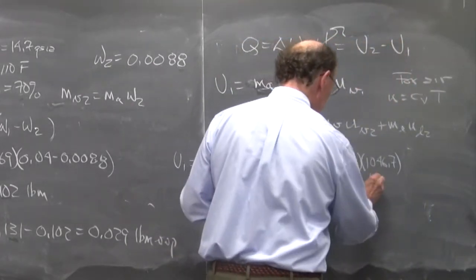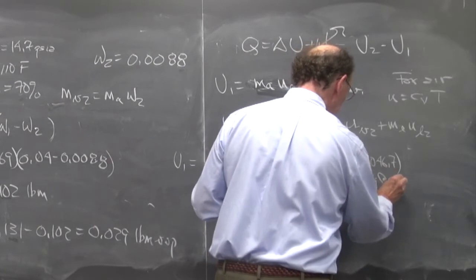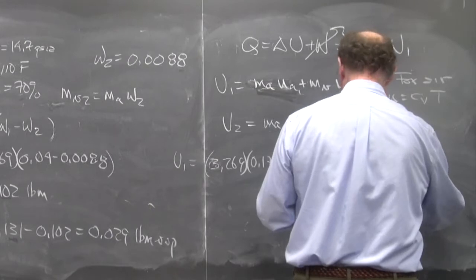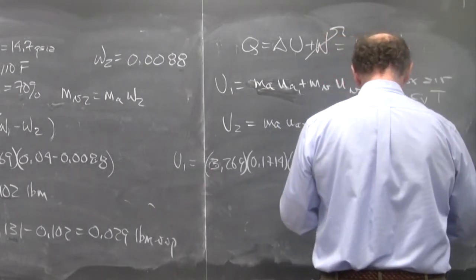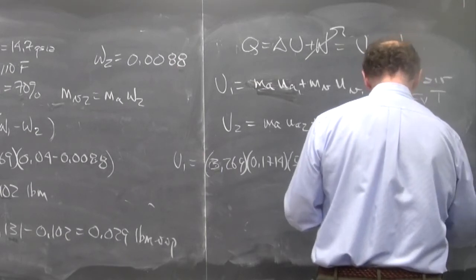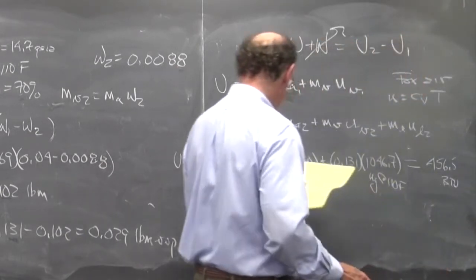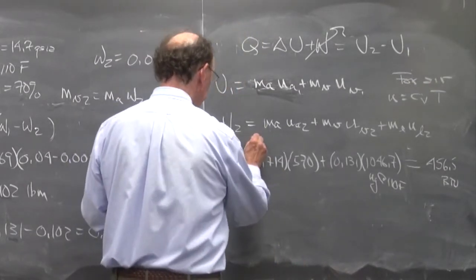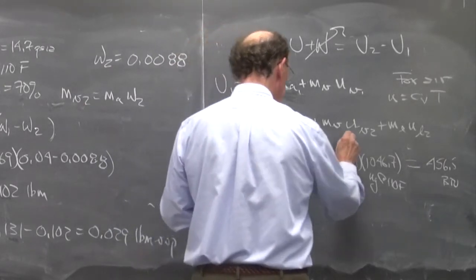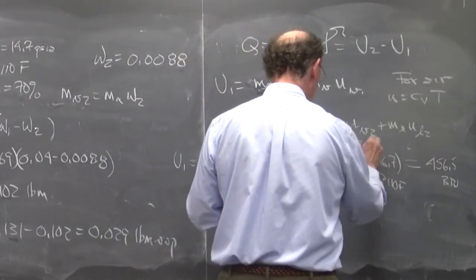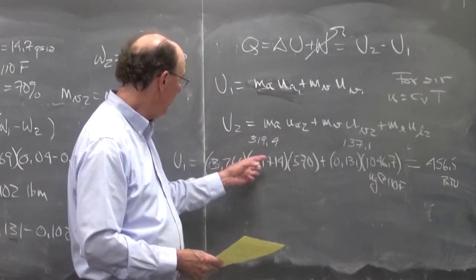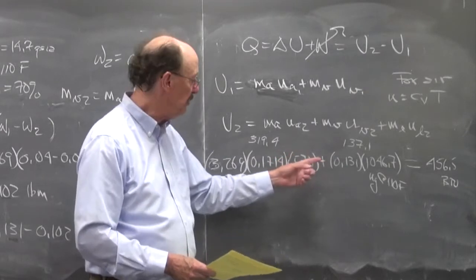This is U sub G at 110 degrees Fahrenheit. If I add these together, this is 456.5 BTUs. This term is 319.4, and this is 137.1. So the major part is the air, but this contributes significantly to the total.